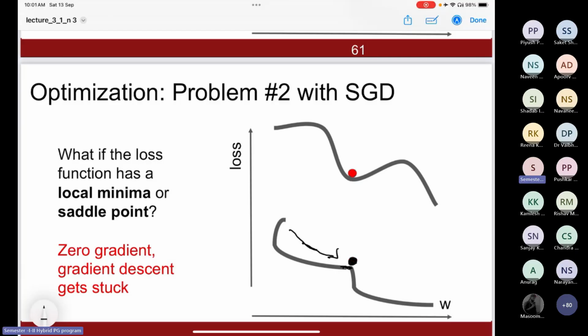But if you are seeing Sundarnagar from the Chandigarh side, it looks like a maximum point. So that is your saddle point. Maxima from one side, minima from the other side. So again, this is also a problematic case. Whether you get trapped in a local minima or in a saddle point.